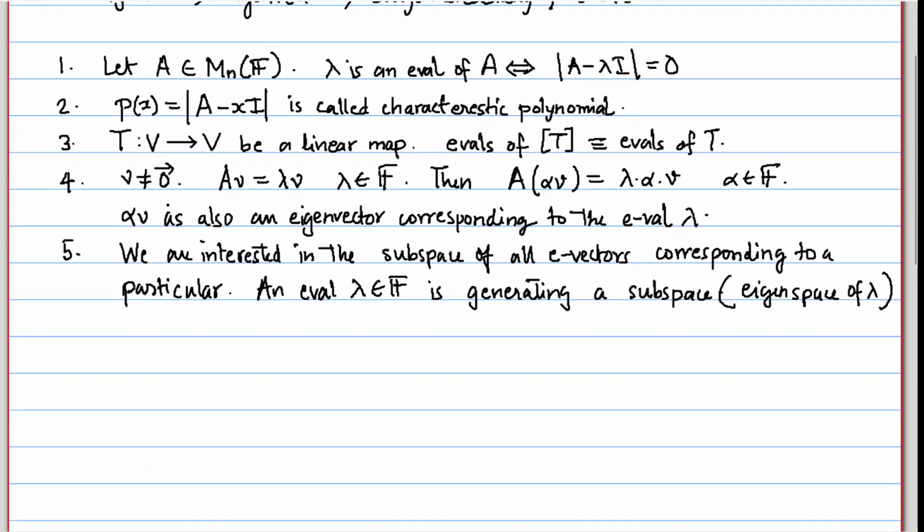Now what is our interest? Our interest is in the basis and dimension, definitely, of this subspace, right? So we denote the eigenspace of lambda as E lambda.